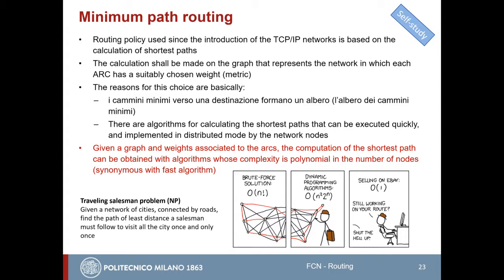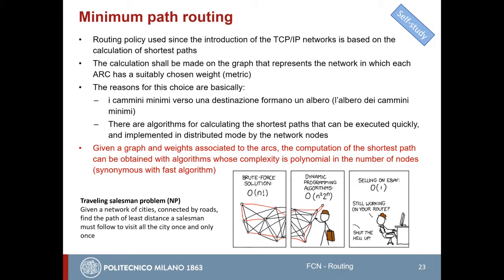This means that it is basically simple. You can solve it in a reasonable time, and using dynamic algorithm, you can have a response in a reasonable time. If you take instead the general optimization of all the paths in the network, this is going to be an NP-hard problem, or NP problem.